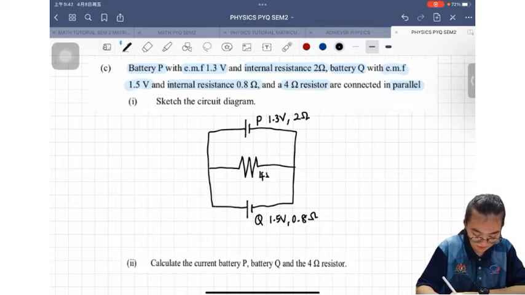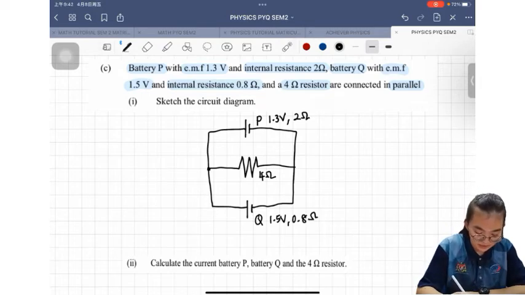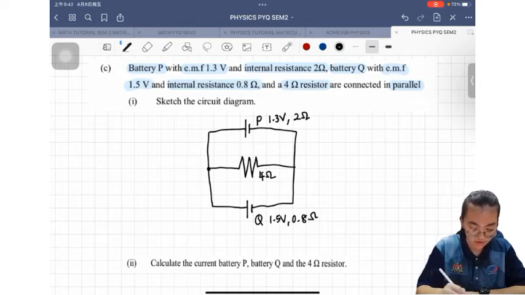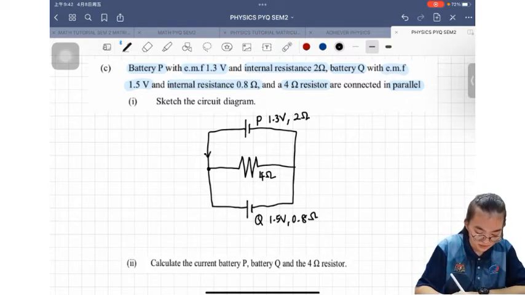Here is the 4 ohm. Then we label the current. This is our junction, so we have current in and current out. We label the current in as I1 and the currents out as I2 and I3.